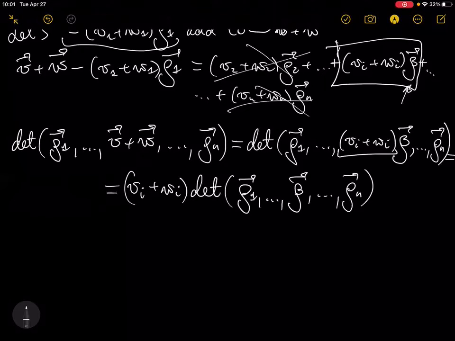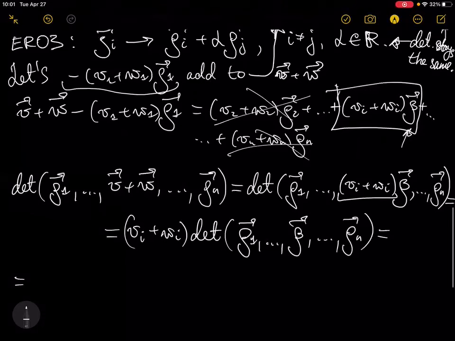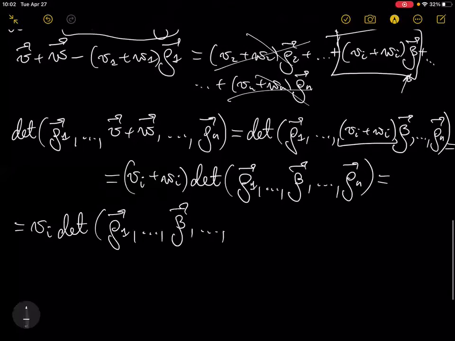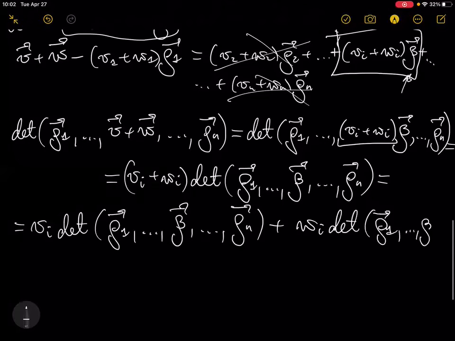But then I can write it as, sorry, Vi times the determinant of row 1, beta, rho n plus Wi times the determinant of row 1, beta, rho n.